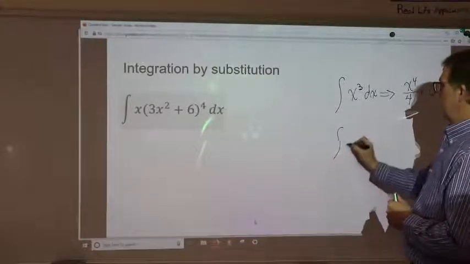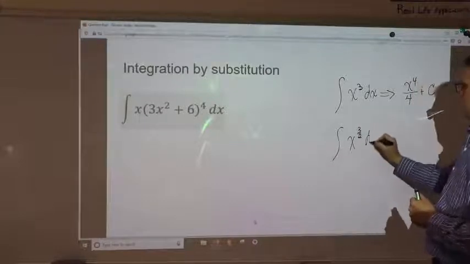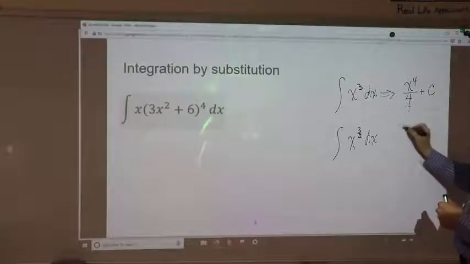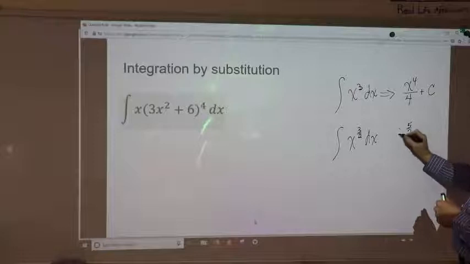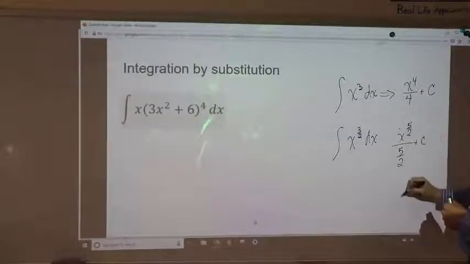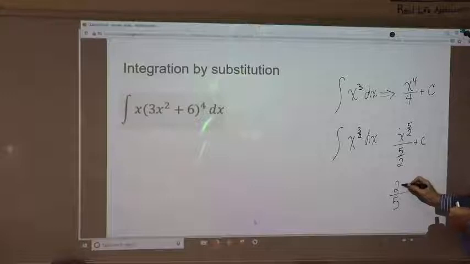And if I give you 3/2, you could tell me it's, well, add 1 to 3/2, that makes 5/2, divide by 5/2, add c, and just to make life easy, turn over your denominator so that it looks a little bit nicer.